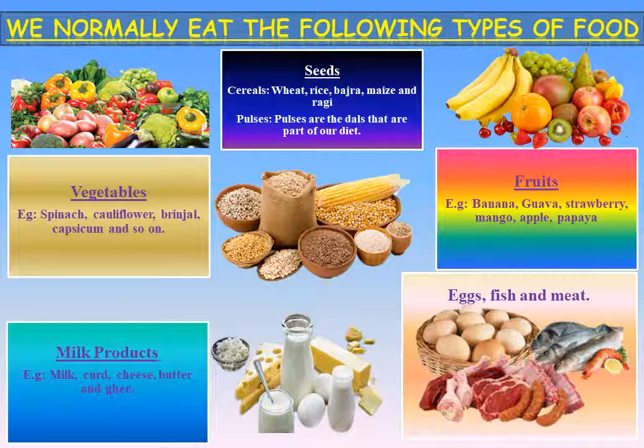There are people who only eat vegetables also, but this is a big variety of meal that most human beings eat. Then the last type of food product is milk products. Milk, curd, cheese, butter, ghee are the main milk products that we normally eat.